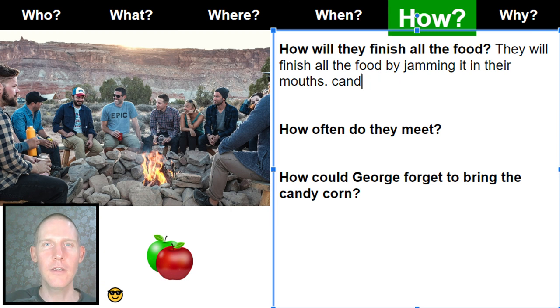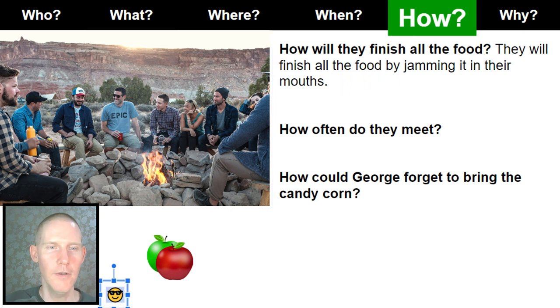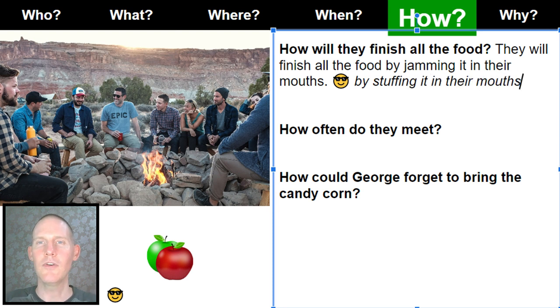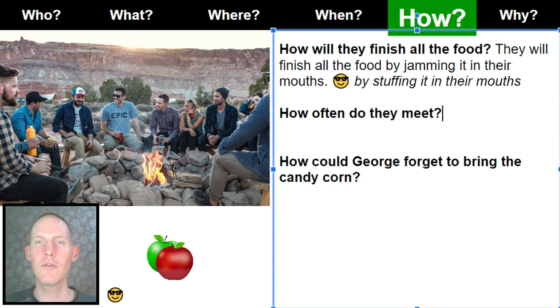Oop, not candy corn. I'm looking for the guy with sunglasses, my little buddy. All right, they will finish all the food by jamming it in their mouths. How will they finish all the food? By stuffing it in their mouths, right? Jamming is similar to stuffing it, right? You're forcing it in. Not a pretty scene, but maybe that's how they need to get rid of the food.